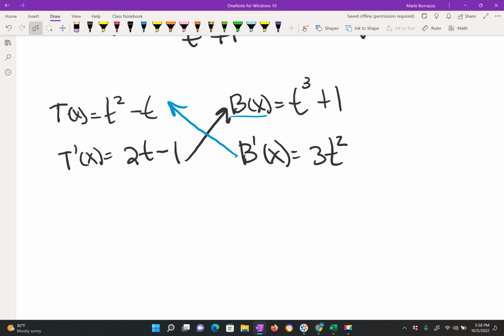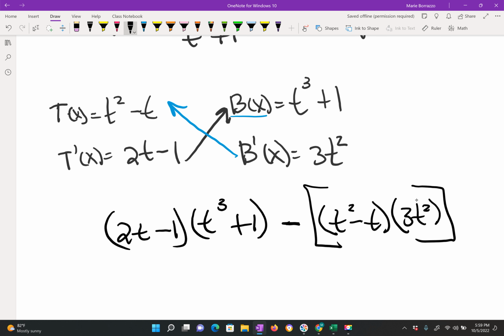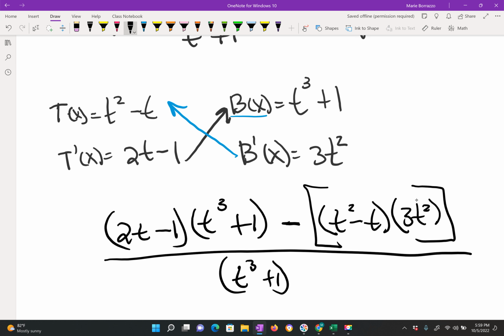So we're going to start with 2t minus 1 times t cubed plus 1 minus, I like a bracket, this will be t squared minus t times 3t squared. And of course all of this over the b squared, which would be t cubed plus 1 squared.